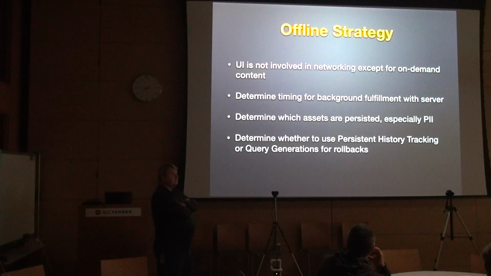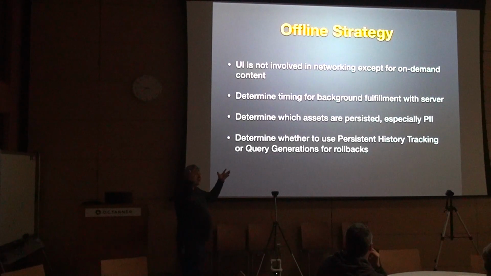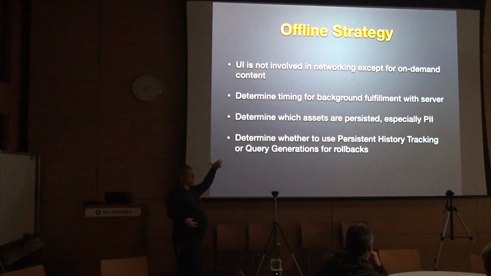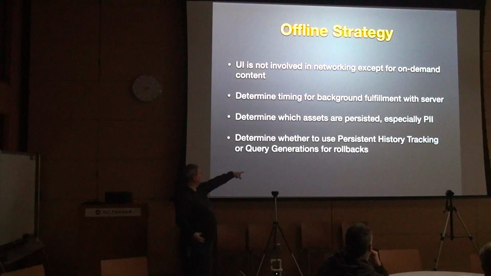Now maybe half of your data is wrong. What do you do about it, right? Well, you kind of want to roll it back and say, oh, this whole thing was a big transaction. Talk about databases and transactional things. What happens if you're talking to the server and half of the things are awful? It's a whole lot better to deal with rolling back things locally and then updating them.